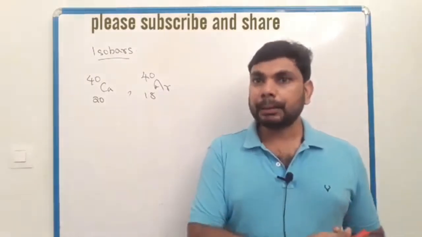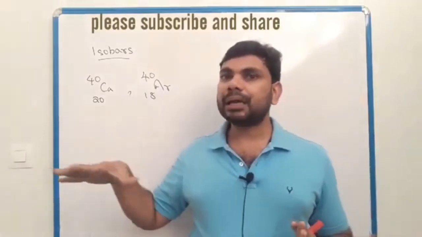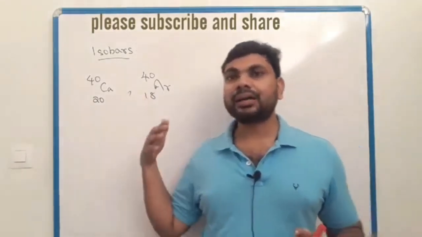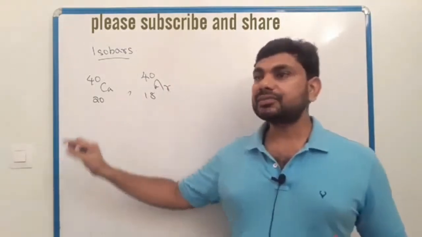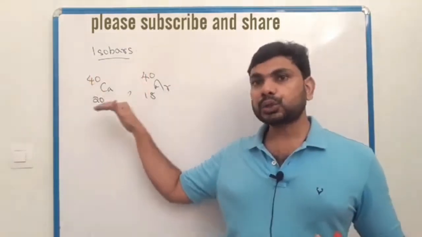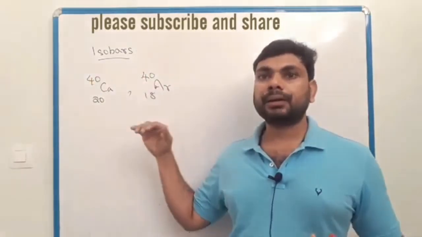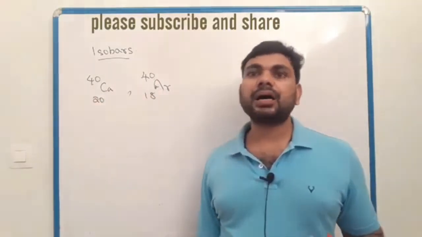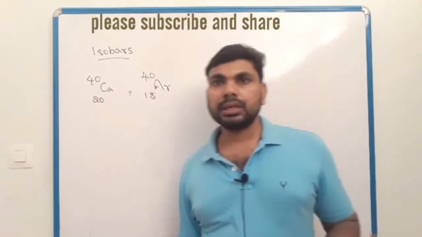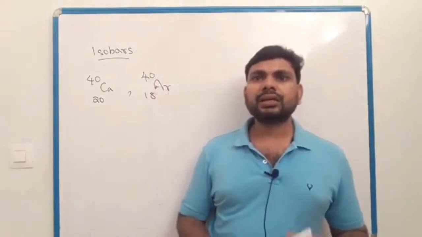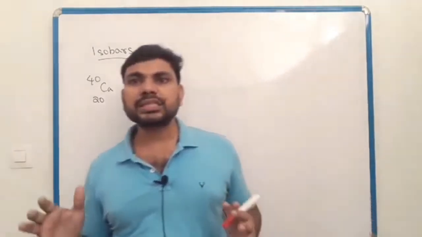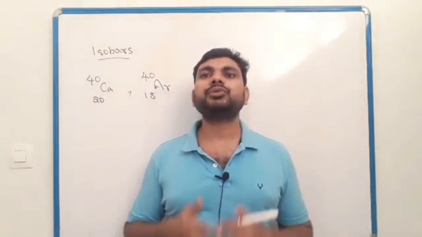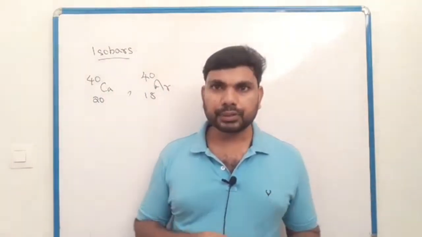But isobars are not the same element, they are different elements. Argon and calcium are different elements, but they have the same mass number and different proton number or atomic number. This type of atoms are called isobars. Clear? So these are the things we have to discuss in this chapter.